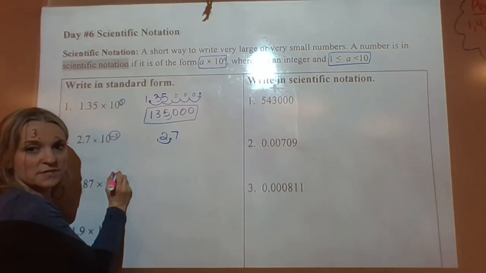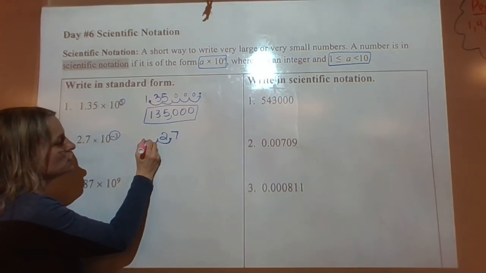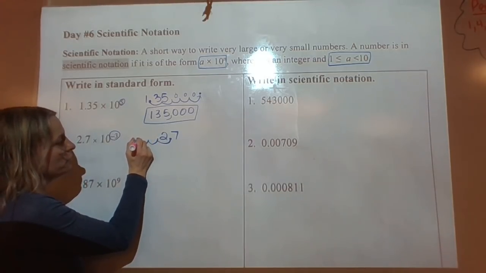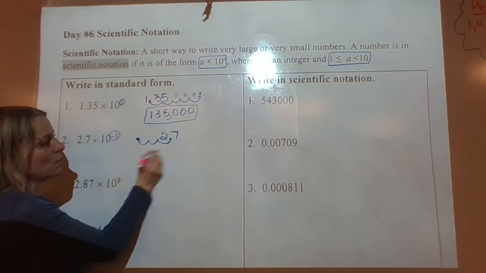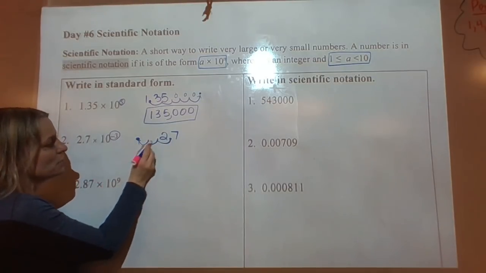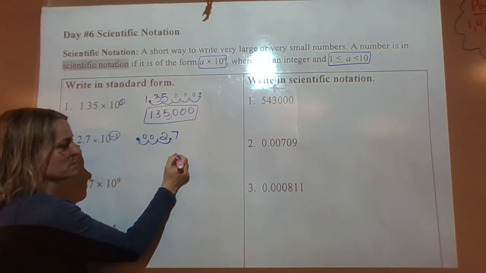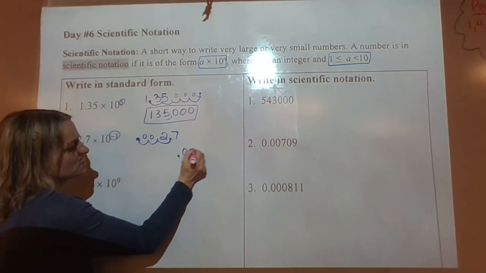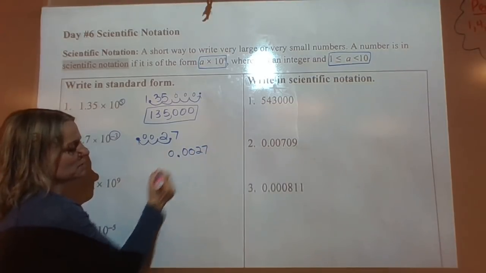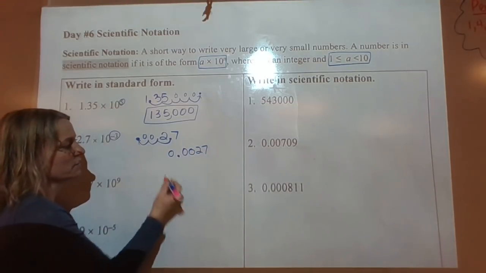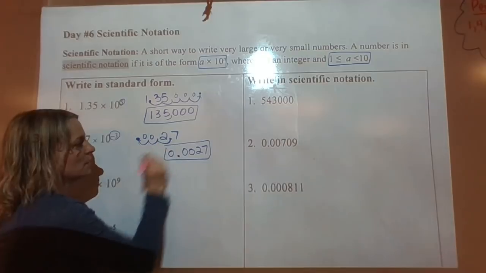So 1 place moves it in front of the 2, and then 2, 3. So I'm moving my decimal from here over to this spot right here. So then again, I fill in my blanks with zeros, and then I want to rewrite this so it looks like normal numbers. So 0.0027. And let's put a 0 in front of our decimal like we normally have as well.